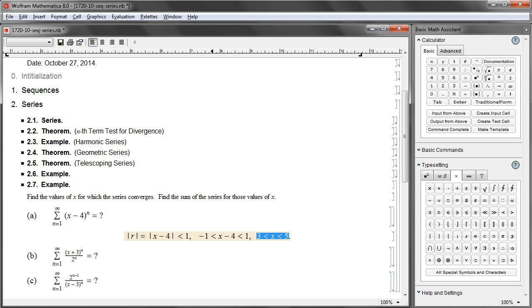So, find the values of x for which the series converges. Oh, I don't like this wording very much. I took this from our textbook, but it looks like we have just a single x value. As a matter of fact, we have an interval. If I say find the condition for which the series converges, then that'll intimidate students too much.